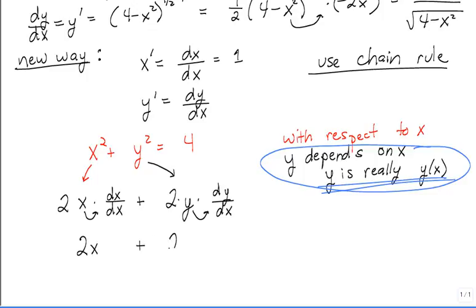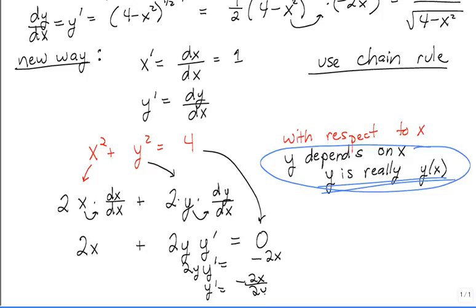Alright, so that simplifies to 2y, let's just write it as y prime, and then the derivative of 4 is 0. Now when we solve for y prime, we have y prime equals minus 2x over 2y, which is minus x over y.